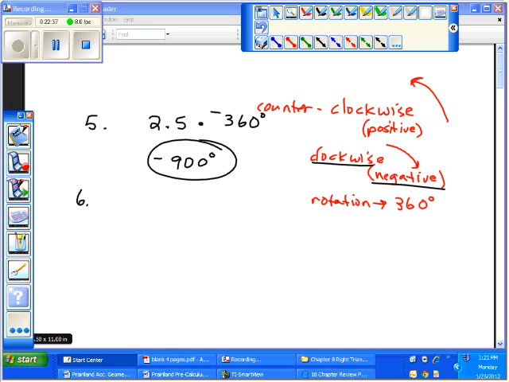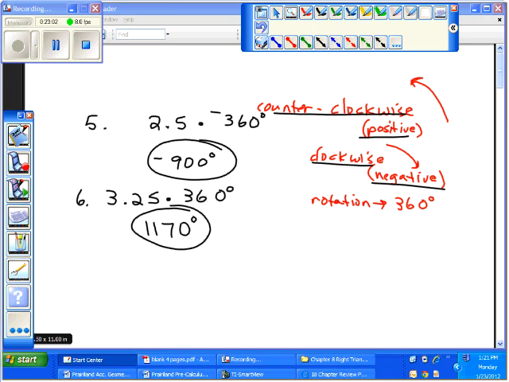Number 6 says 3.25 rotations counterclockwise. Now, how much is a rotation? 360. Counterclockwise is positive, so we're going to make that a positive 360. So 3.25 times positive 360 is 1,170 degrees.